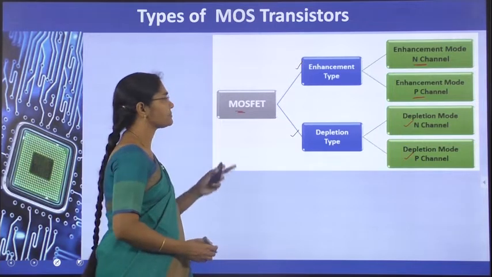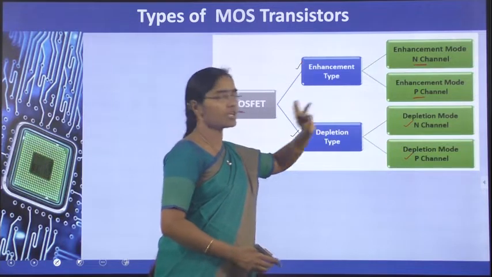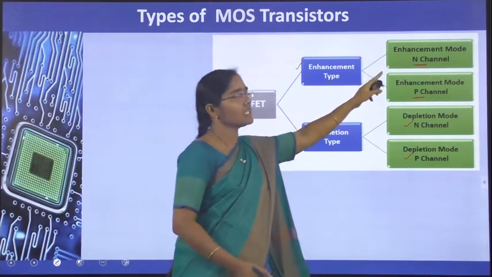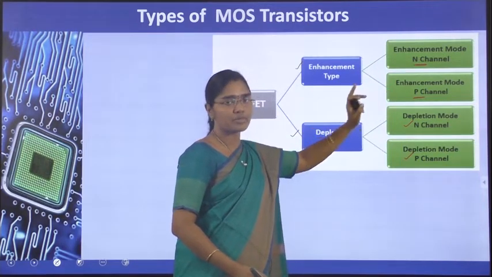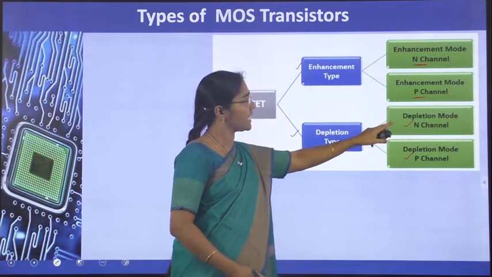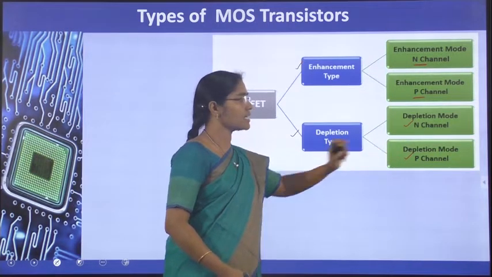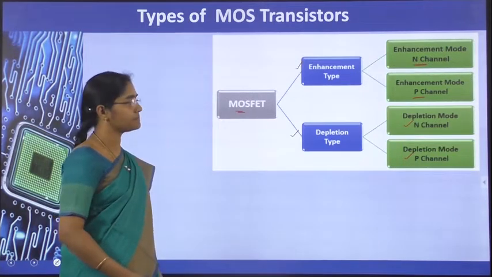That means in the MOSFET we have 4 different types of transistors: N-channel enhancement mode MOSFET, P-channel enhancement mode MOSFET, N-channel depletion mode MOSFET and P-channel depletion mode MOSFET.